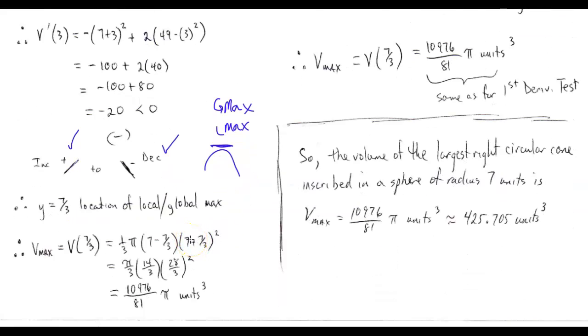And thus, if I plug 7/3 into the formula for volume for this right circular cone, we get this result here of 10,976 divided by 81 times pi cubic units.